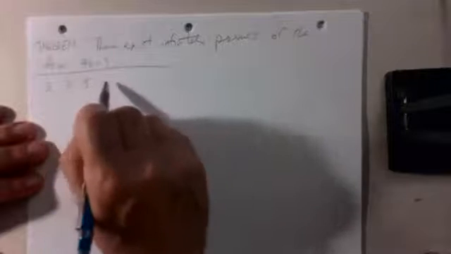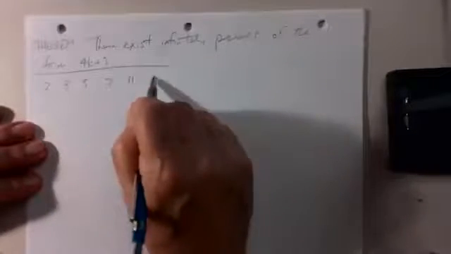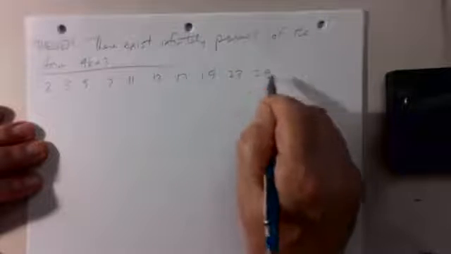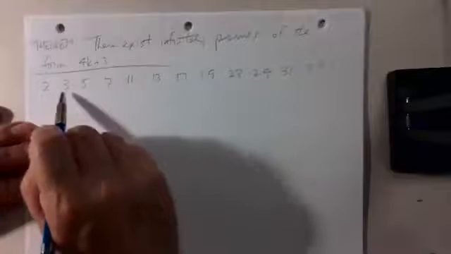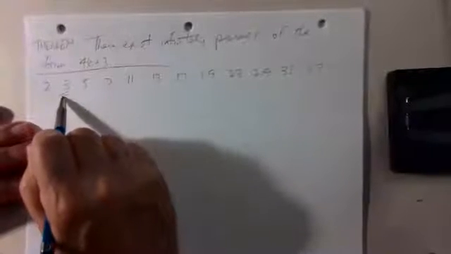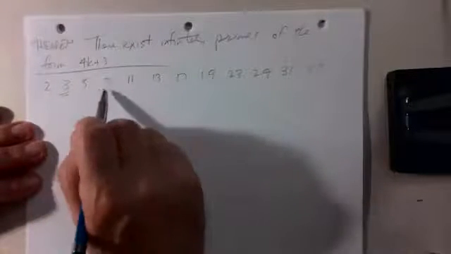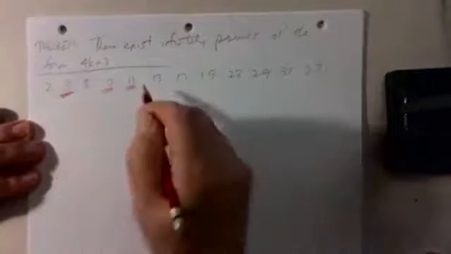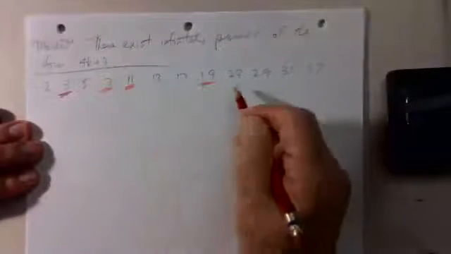So as we look at the primes, 3, 5, 7, 11, 13, 17, 19, 23, 29, 31, 37, and so forth, this number, if you divide it by 4, leaves a remainder of 3. If you divide 5 by 4, you get a remainder of 1. If you divide 7 by 4, you get a remainder of 3. So you can look at all the primes and see what is the remainder when you divide by 4.